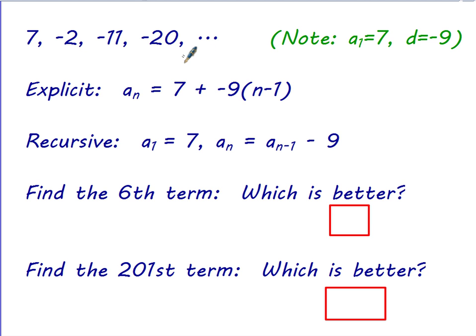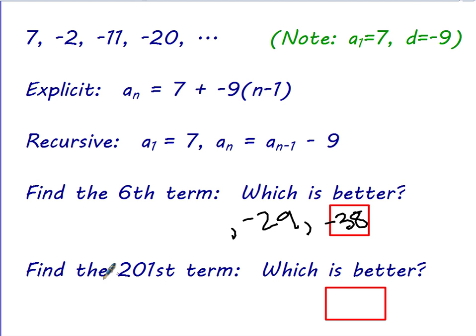I already have the first 4 terms. To continue on to the 6th term, I just continue the pattern, and I'd get negative 29, and then I'd have negative 38. And that would be the 6th term in my sequence. 1, 2, 3, 4, 5, 6.